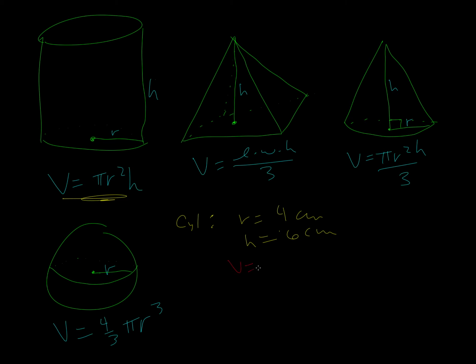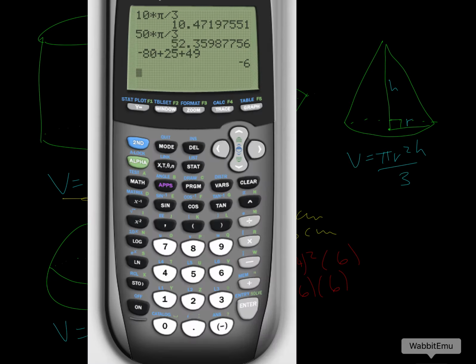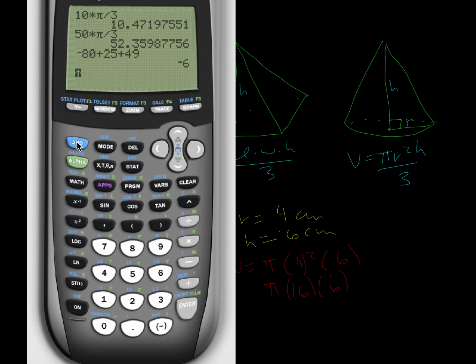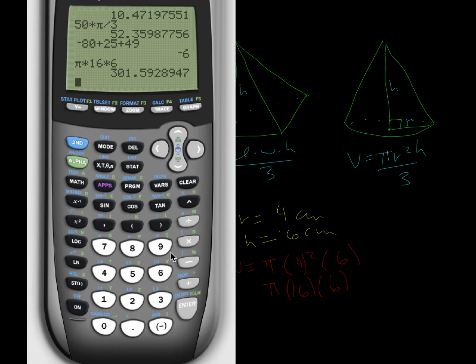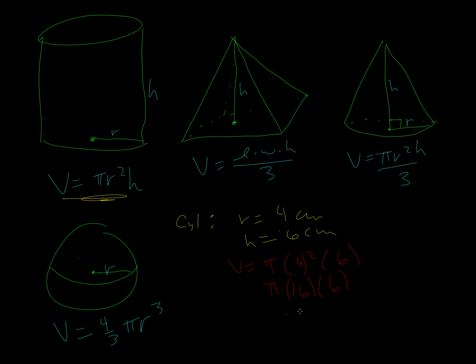Volume equals pi, r is 4, h is 6. 4 squared is 16 times 6 times pi. Then I'm going to take it into the calculator: pi times 16 times 6, and that's 302. And since it's volume, it will be centimeters cubed.